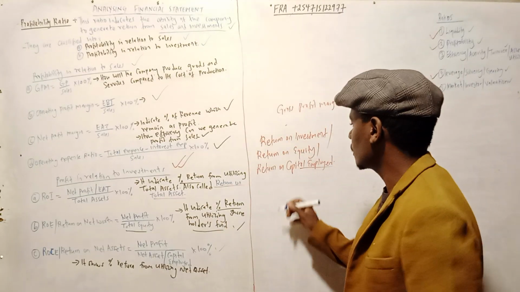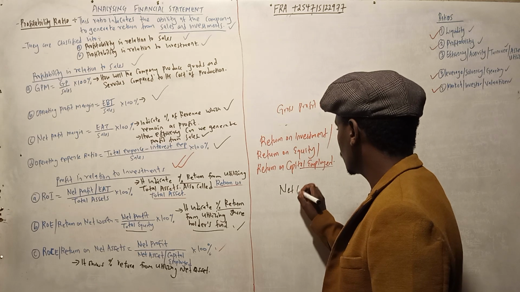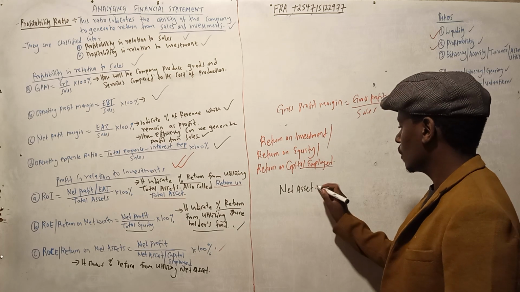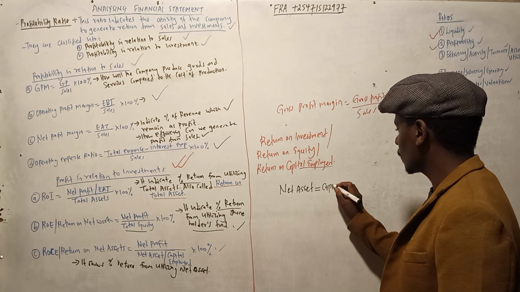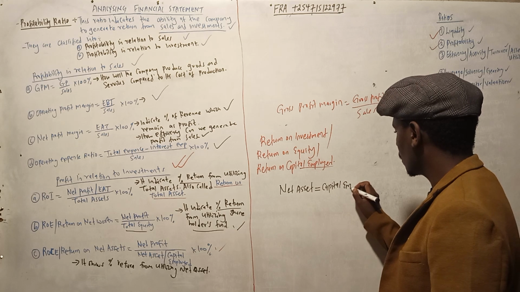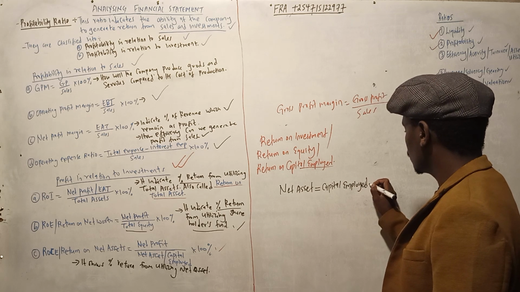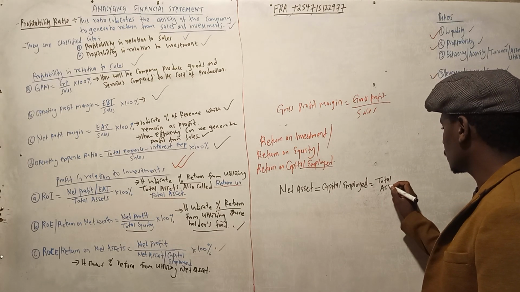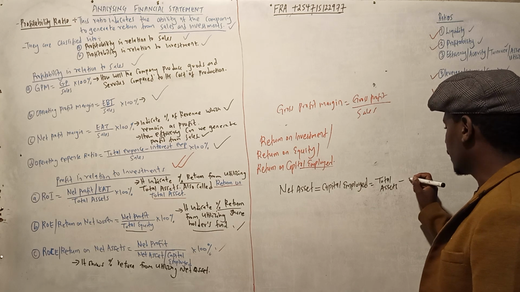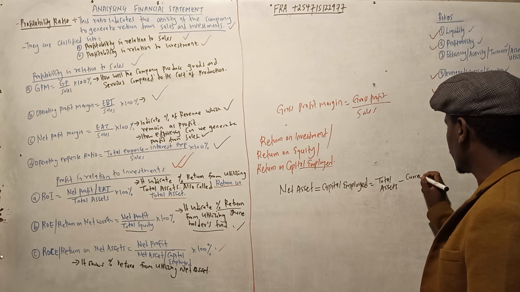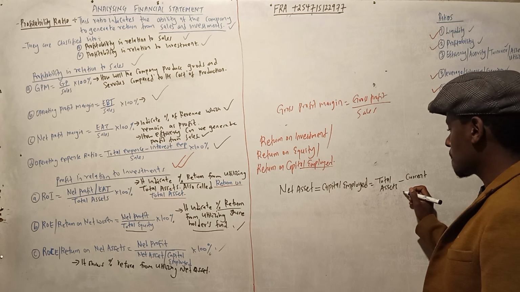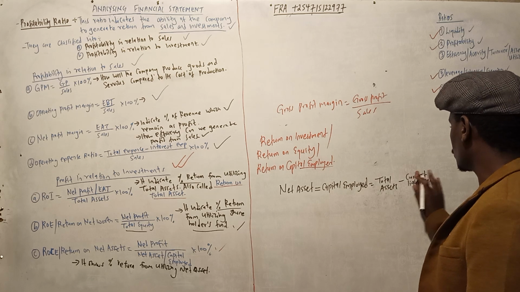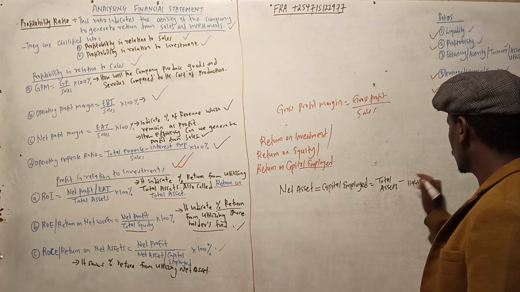So remember how to get the net asset. Net asset is the same as the capital employed, which is equal to the total assets minus total liabilities.